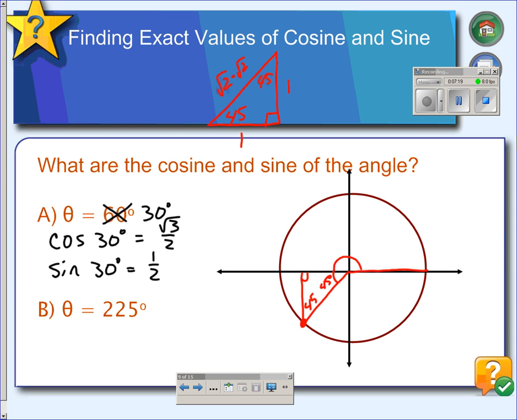And then if we divide 2 by 2, that will give us 1. So we can get our hypotenuse equal to 1 if we multiply by √2 and divide by 2. So if I do the same thing on each of the legs, I find that each of the legs is √2/2. So in my unit circle, the hypotenuse will be 1, and each leg will be √2/2.